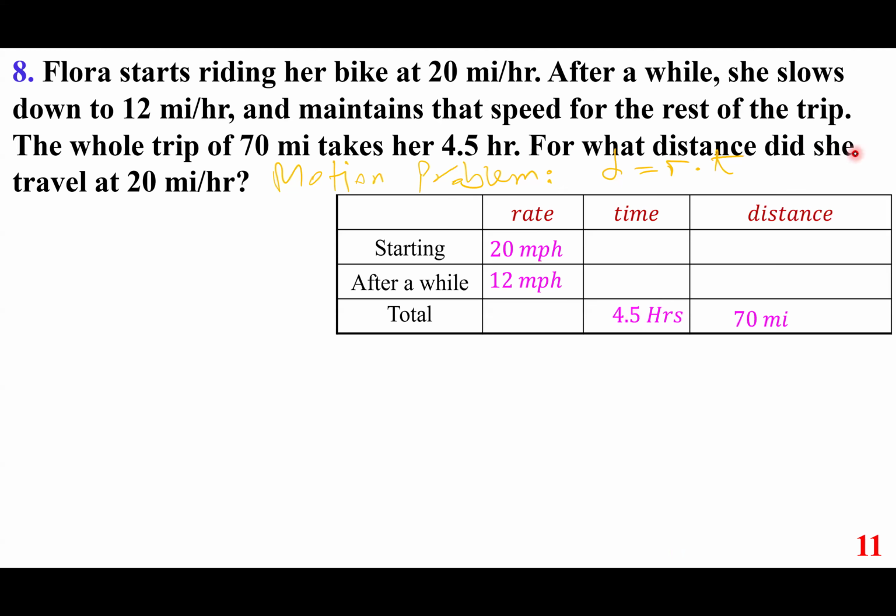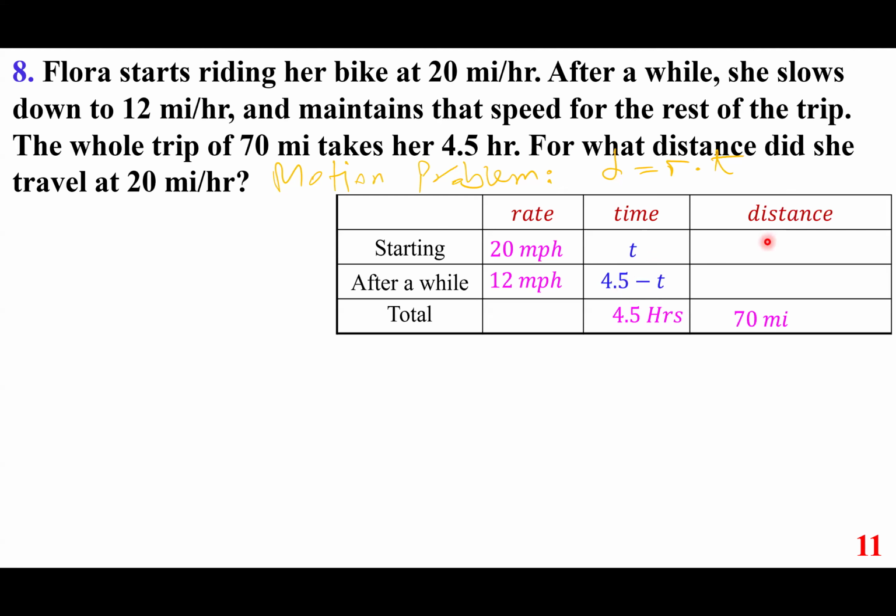So for what distance did she travel 20 miles per hour? Let's go with the time t or x or y or z here. Normally we go with t. If the total time is 4.5, this must be what? 4.5 minus t. So pay attention to how we put this. So you define your variable, and then you decide on this one. What is the distance here?